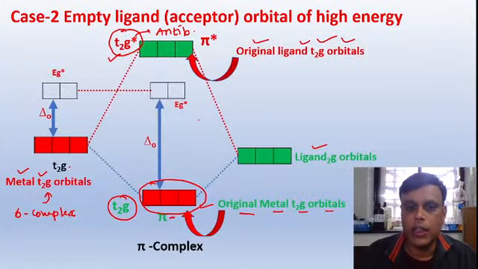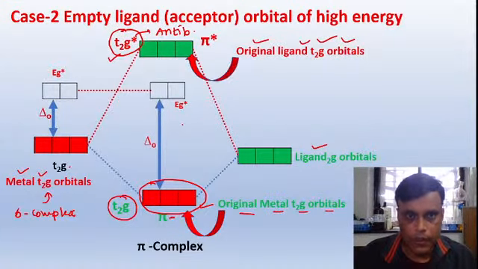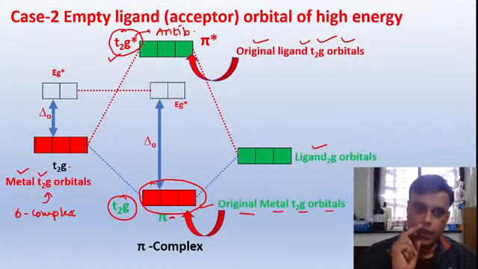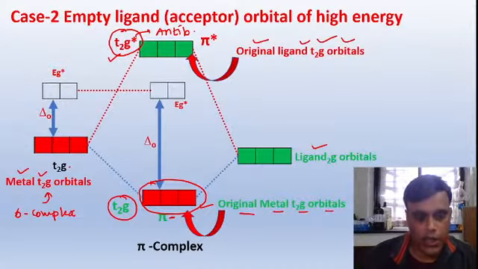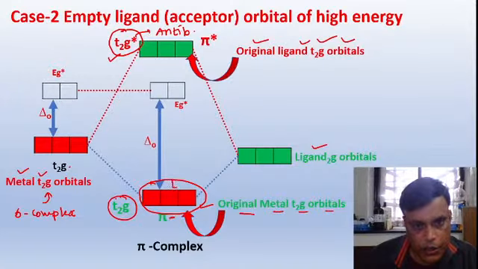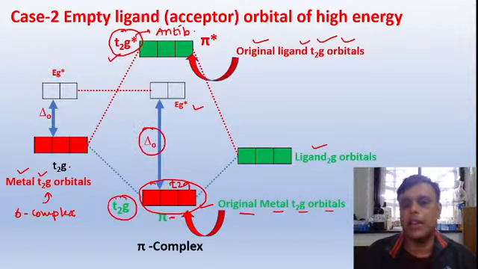And you know now the difference between t2g from metal and eg* orbital is called Δ0. See here, this is the t2g orbital, and this is the eg* orbital, and the difference between this t2g and eg is called Δ0, that is delta octahedral.